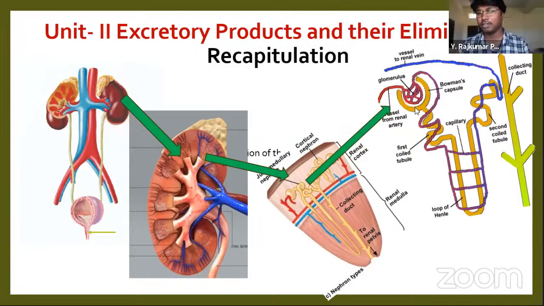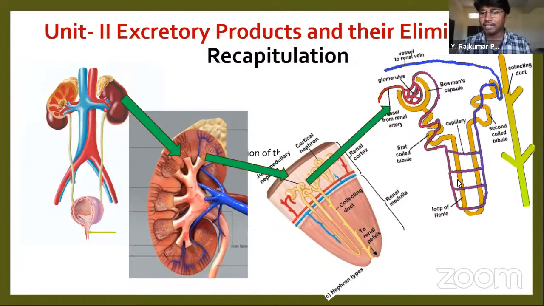The first part of the nephron, you can see on the slide, is the Malpighian corpuscle. It contains two parts called the glomerulus and Bowman's capsule. The immediate next part is the PCT, which is the proximal convoluted tubule, and the third part is the DCT, which is the distal convoluted tubule.